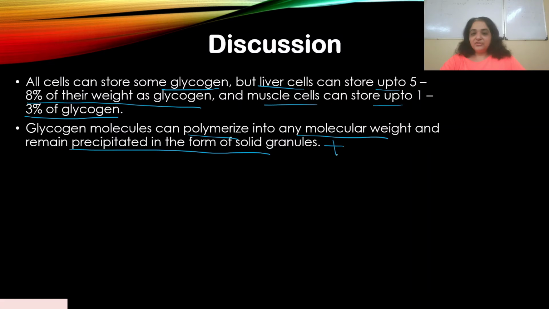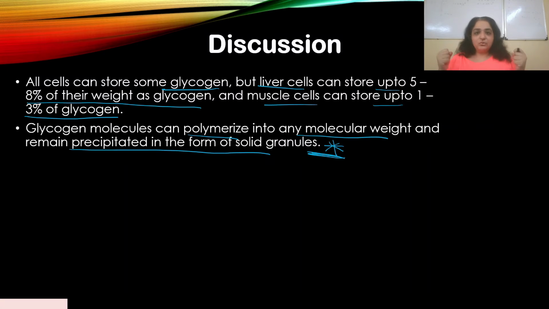This is an interesting fact for you to understand: glycogen molecules don't remain in the dissolved state. They can polymerize into any molecular weight that they want, but they don't remain dissolved inside the cells. They remain precipitated in the solid granular form, unlike glucose which remains in the dissolved state. So glucose will tend to affect the osmotic pressure, but something present in the solid granular form will not tend to change the osmotic pressure.